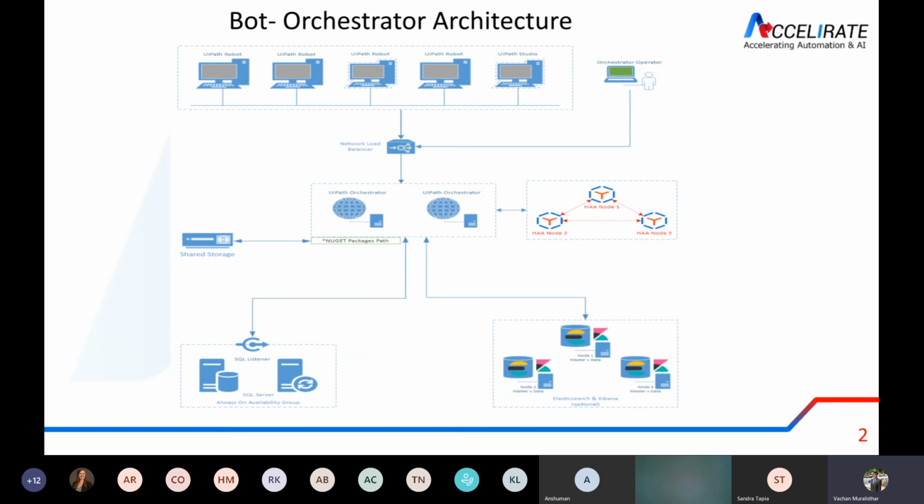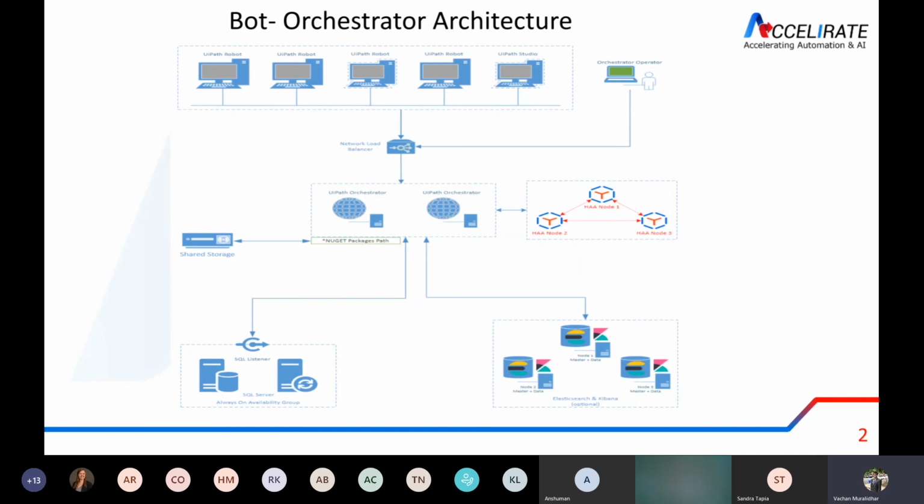For RPA bots, we develop the automation workflows in UiPath Studio, and we deploy them as a NuGet package in the orchestrator, and it acts as a pod. Whenever a new transaction for a certain process comes in, the bots will automatically execute that transaction, and dump all the logs and exceptions in reporting platforms.